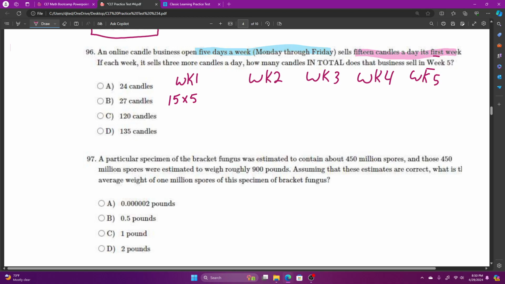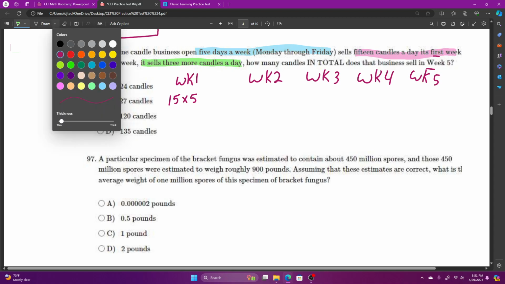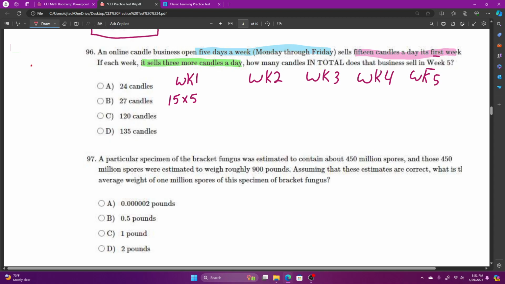And then what's happening? Each week it sells 3 more candles a day. So week 2, it's not selling 15 candles a day, it's selling 3 more. 18 candles a day times how many days is it open?